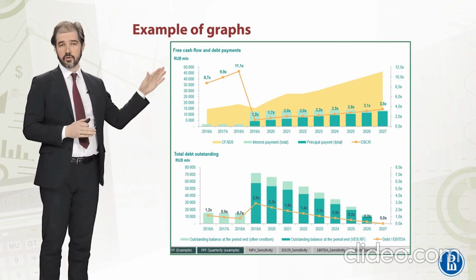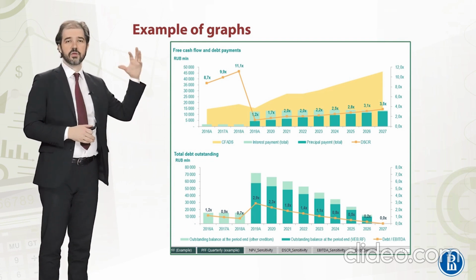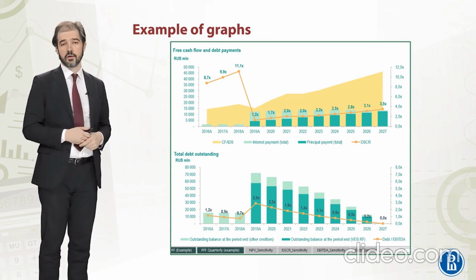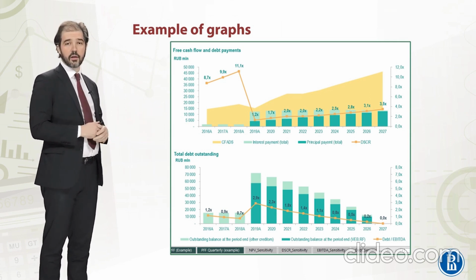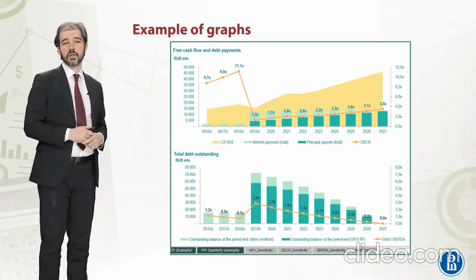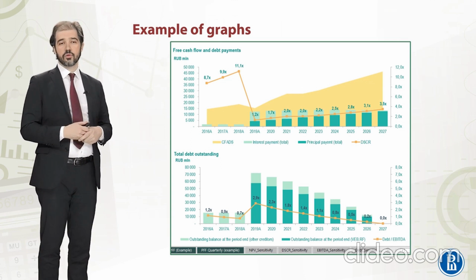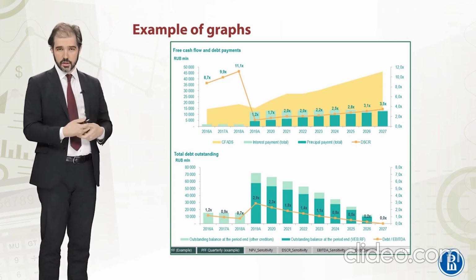And also we have here a calculation of different ratios, for example, the debt service cover ratio. You may also include other ratios here if you need. And on the lower graph, you see the forecast of debt and total debt outstanding, so the balances of your debt.